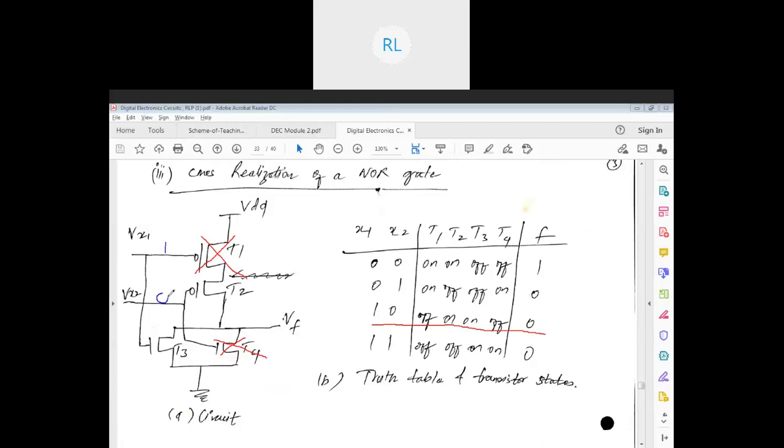No. Good. Now let us come to the lower case, which means the pull down network. Now since this is in parallel, let us put in the values. Put in the values x1 is 1 and x2 is 0.